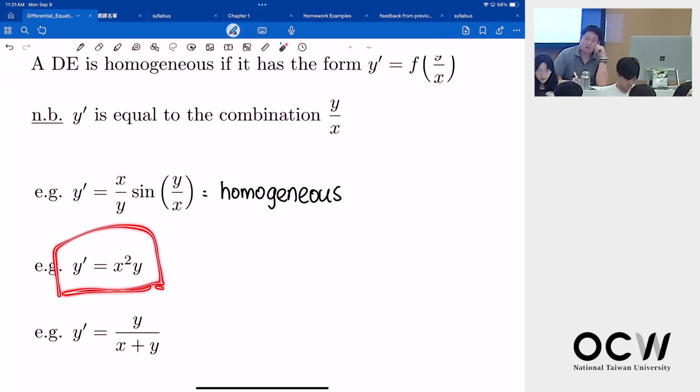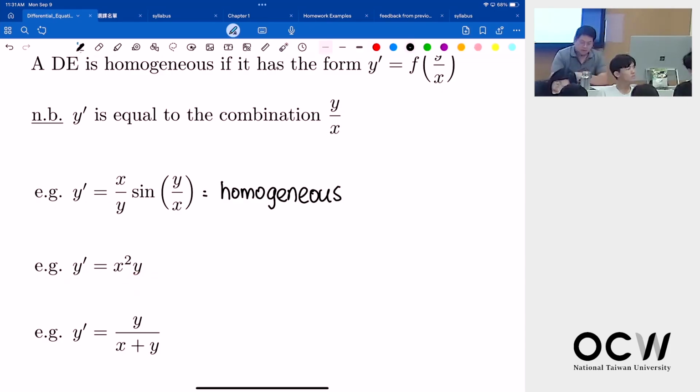I thought this is obvious, right? We only learned three types of equations. Is that exact, linear, or even separable? I think it's separable, right? You can put y here, x. But this is not homogeneous.